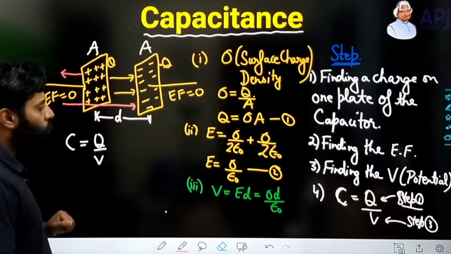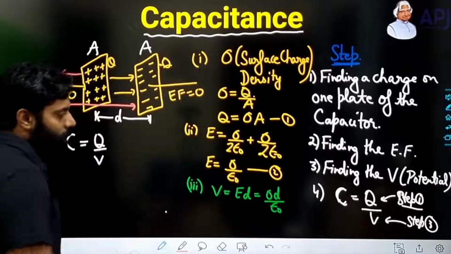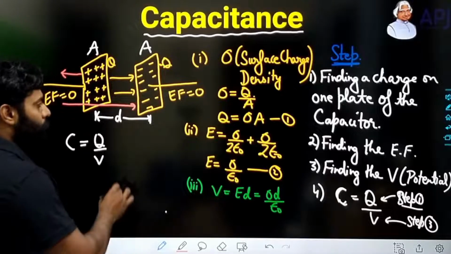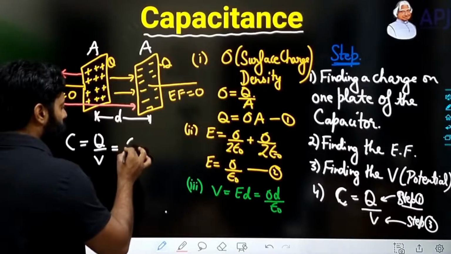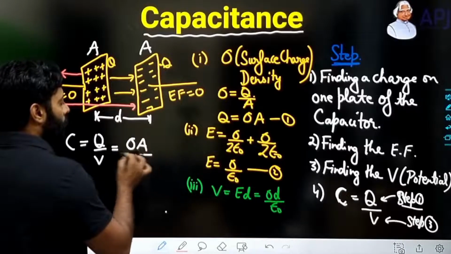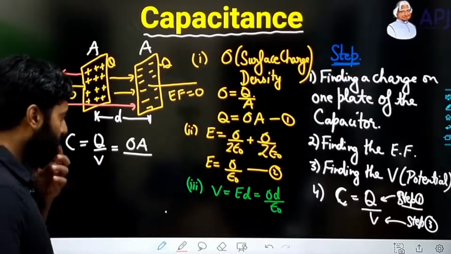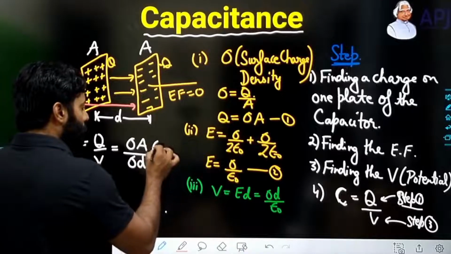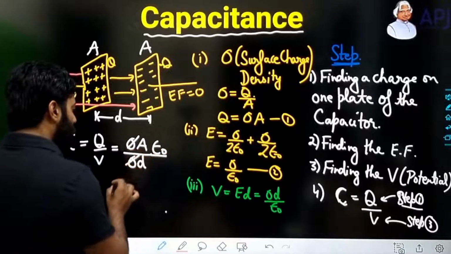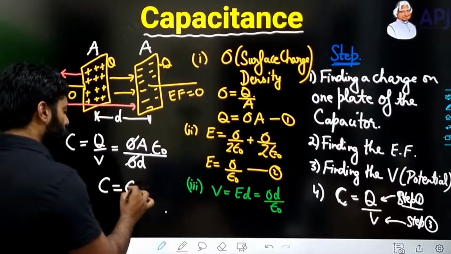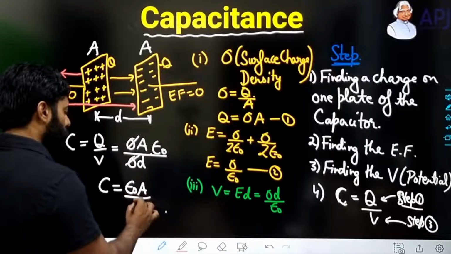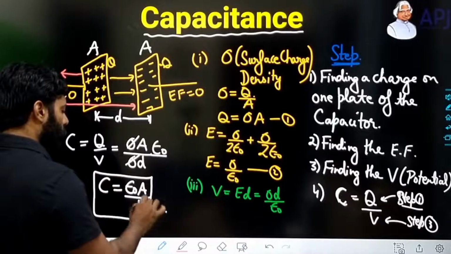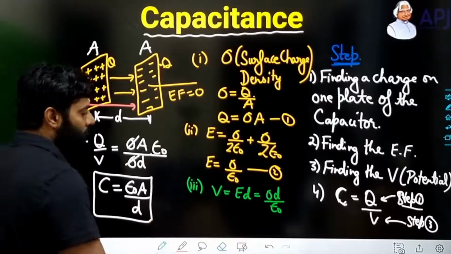So C is equal to Q by V, where Q is equal to sigma A and V is equal to sigma d upon epsilon naught. I can cancel this. So C is equal to epsilon naught A by d.